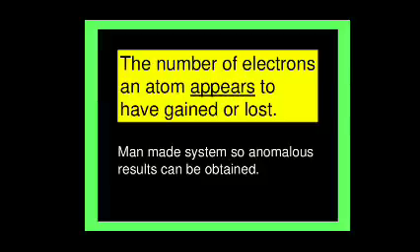The number of electrons an atom appears to gain or lose. Sodium loses 1 electron, so it appears as Na+. Magnesium loses 2 electrons to form Mg2+. Chlorine gains an electron, so it appears as Cl-. Oxygen gains 2 electrons from another atom, so it appears as O2-.